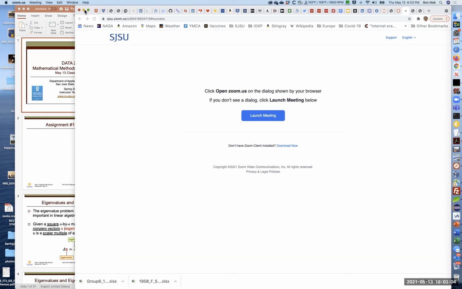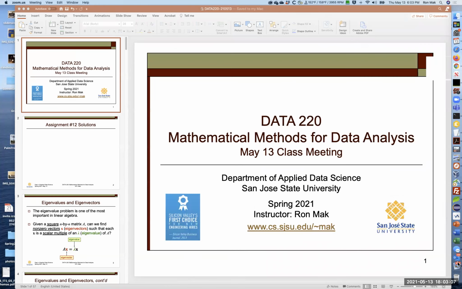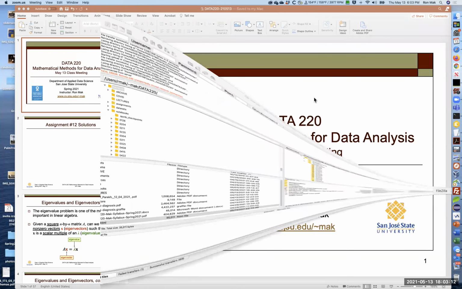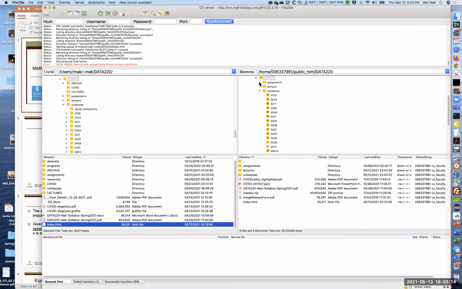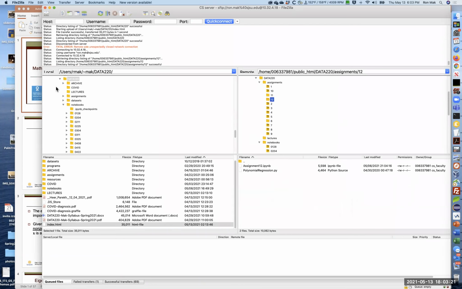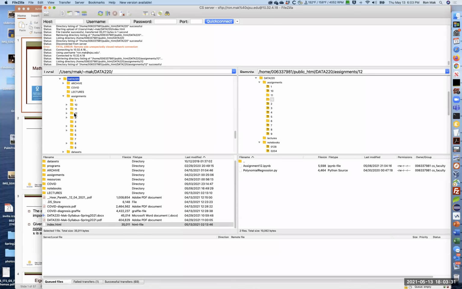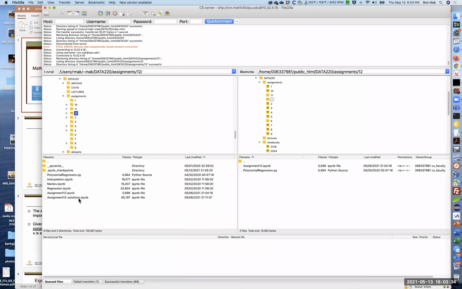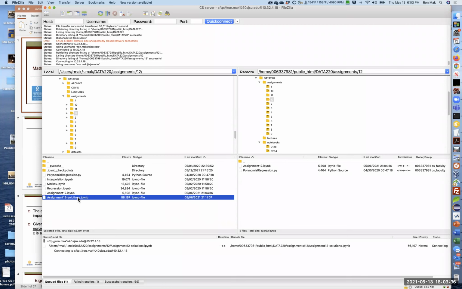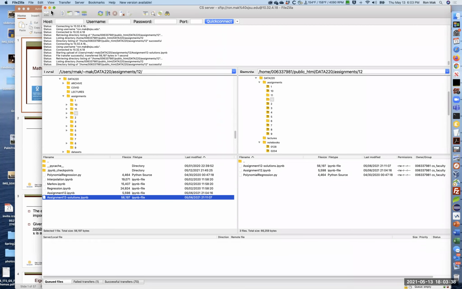All right, I want to start out by going over the solutions to assignment 12, and of course I need to upload my solutions. So let me do that so that you can have it and follow along. I'm uploading the assignment 12 solution, and now you should be able to download it.